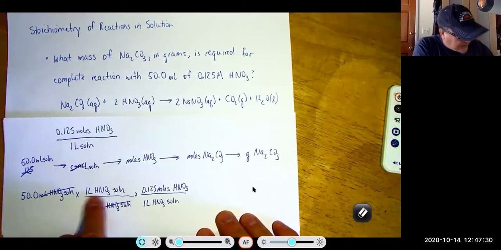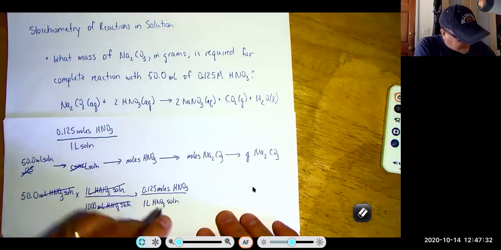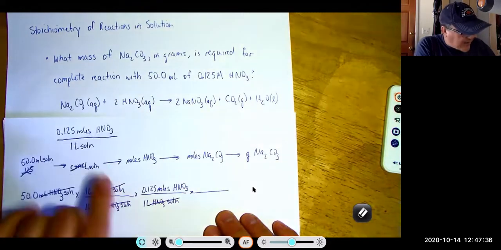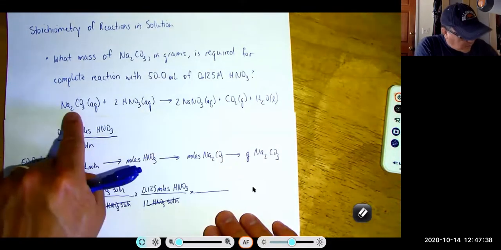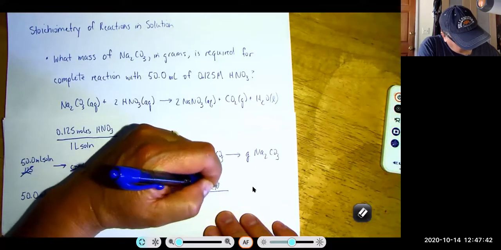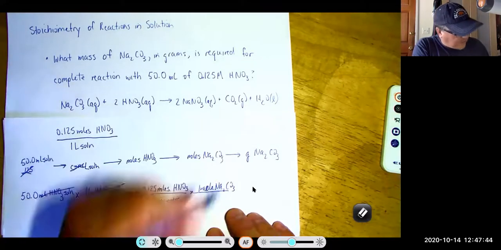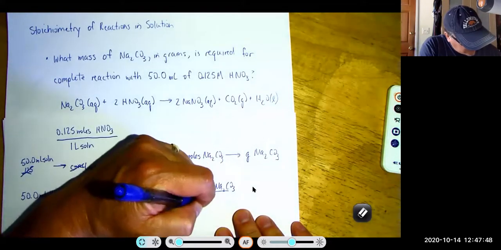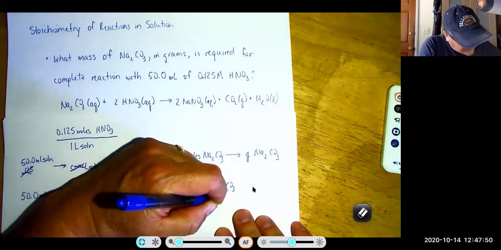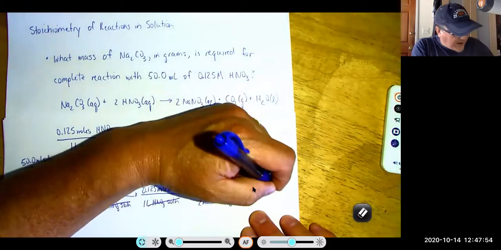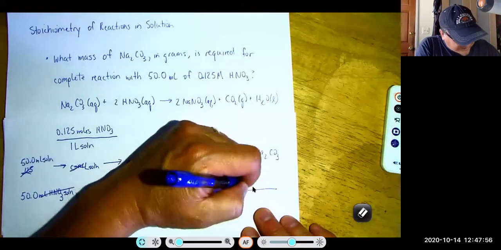And this unit and label cancels with this unit and label. And then from the balanced reaction, we have 1 mole of sodium carbonate to 2 moles of HNO3. And then lastly, the molar mass of this is about 106.